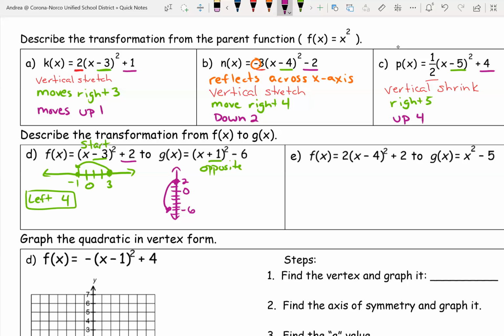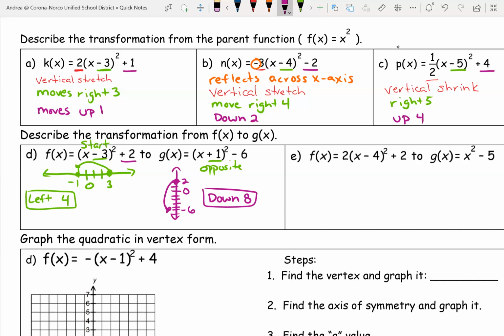So what did I move and where? Down 8. Does that make sense? So that's how I transformed. I went from left 4 and then down 8.